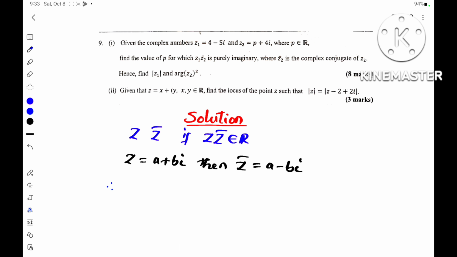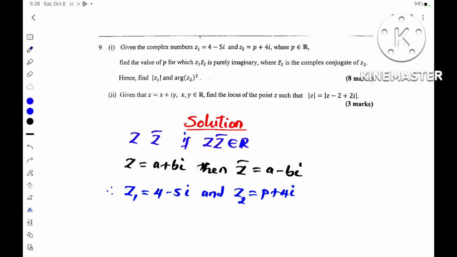In this question, z1 is given to be 4 minus 5i, and z2 is given to be p plus 4i, where p is a real number. We have also been told that the product z1 times the conjugate of z2 is purely an imaginary number.